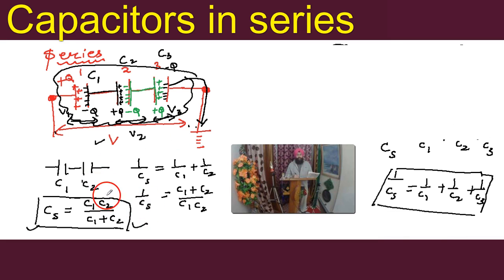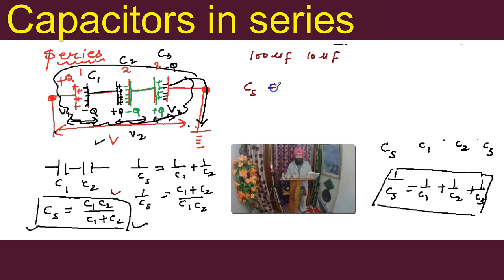Now this result shows, if we have a capacitance of 100 microfarad and a second capacitor of 10 microfarad, what about the resultant capacity? They are connected in series.